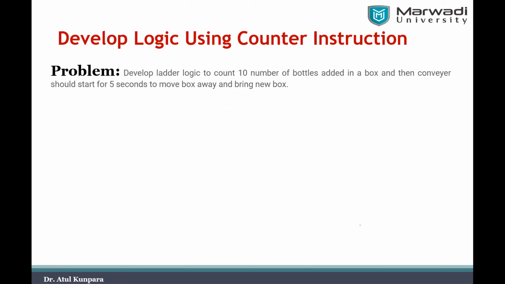The problem definition is this: develop a ladder logic to count 10 bottles added into a box, and then the conveyor belt should start. It means your conveyor belt motor should start for 5 seconds to move that box away and bring a new box to the particular location. Right? It is not the whole process. It is a very small part of the process that you are developing the logic for.